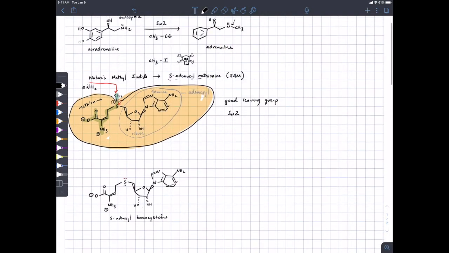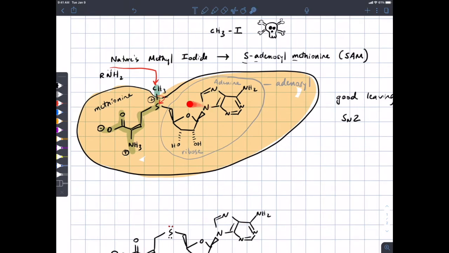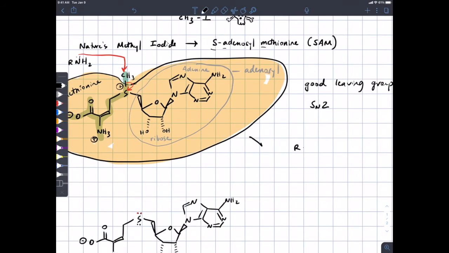So the question is, this is substitution, but it doesn't substitute? Yeah, the thing that gets substituted off is this great big leaving group, and the product of the reaction gives you a new bond between nitrogen and the methyl group. The astute observers among you are going to notice that the nitrogen started with 2 protons.